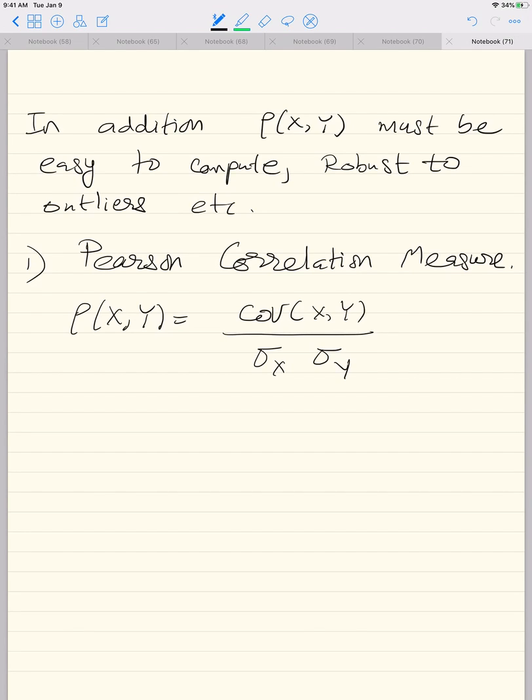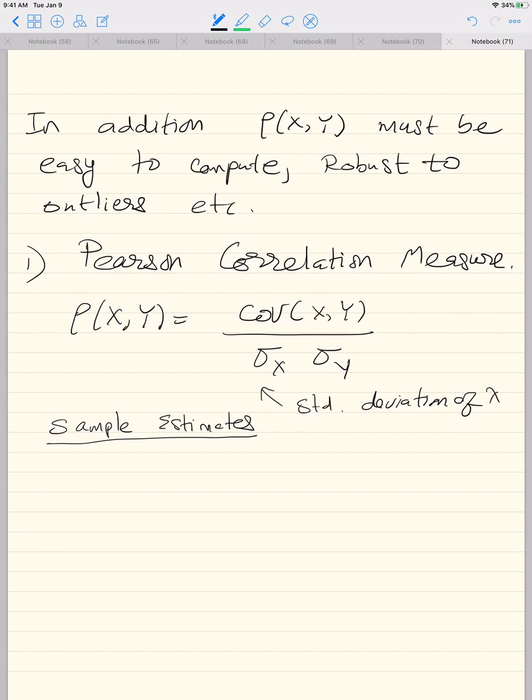So sigma x and sigma y are the square roots of the variances, or the standard deviations, of x and y. Now, this assumes that we know the statistics of x and y. It's very easy to produce sample estimates if you are given some data points.